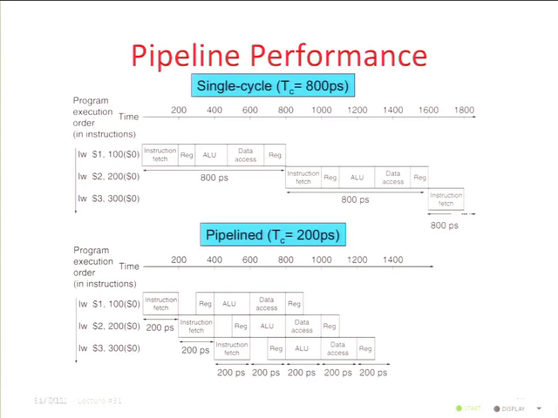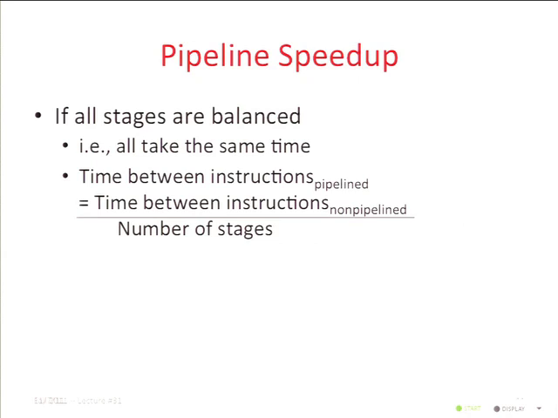So if all the stages are balanced, meaning all our stages are exactly the same length and take the same time, then the time between instructions, the average time it takes to execute an instruction in the pipelined case, is basically what it was in the non-pipelined case divided by the number of stages.